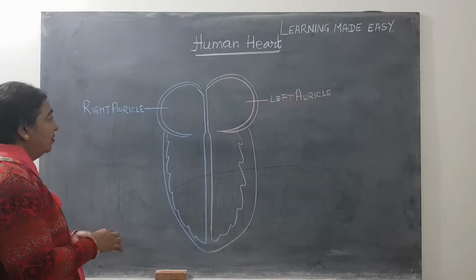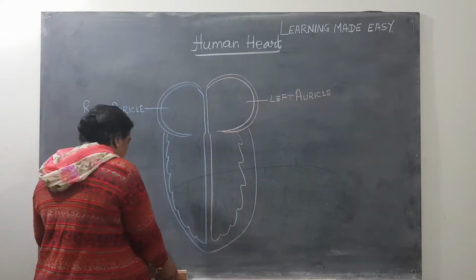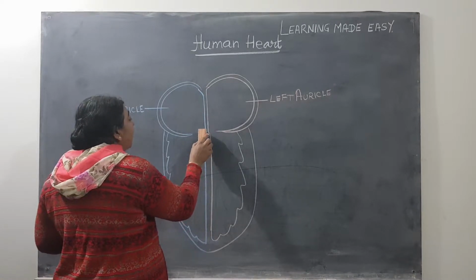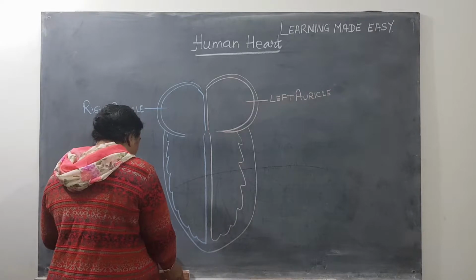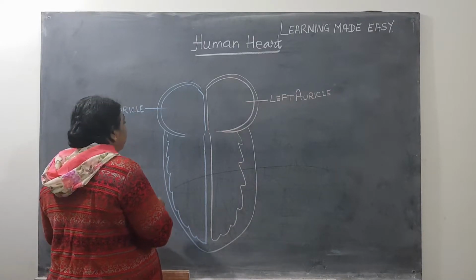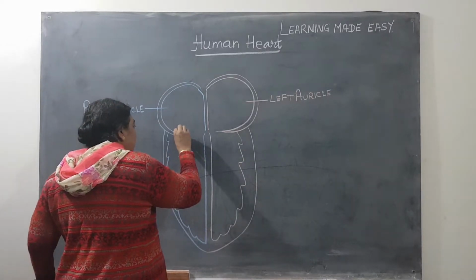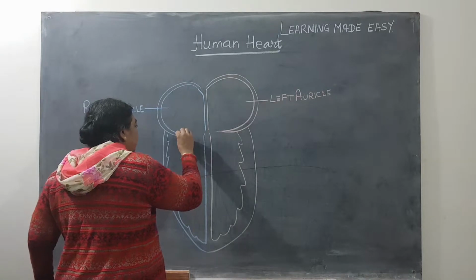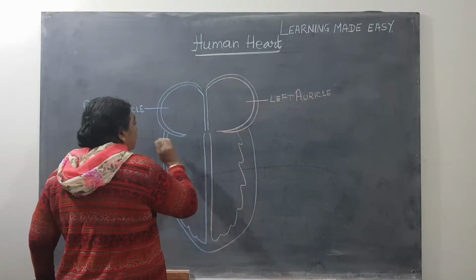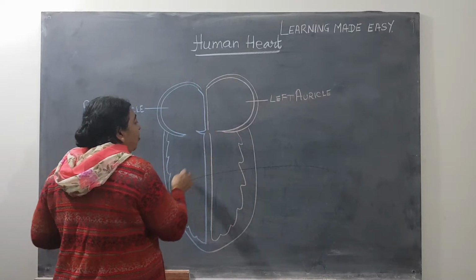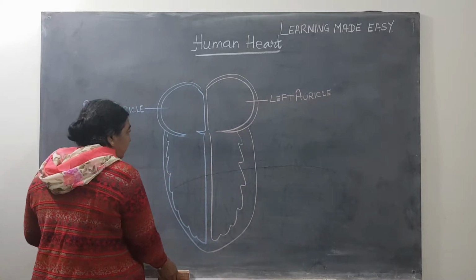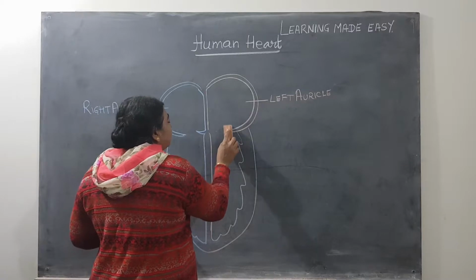The space between the auricles and the ventricles is guarded by two valves. The valve on the right side is called tricuspid, while that on the left side is called bicuspid.